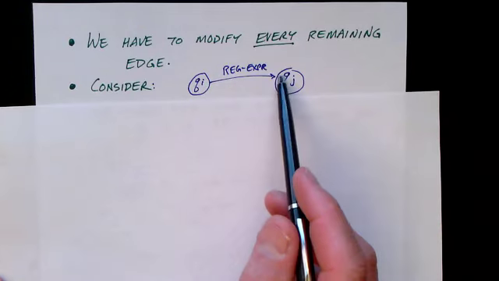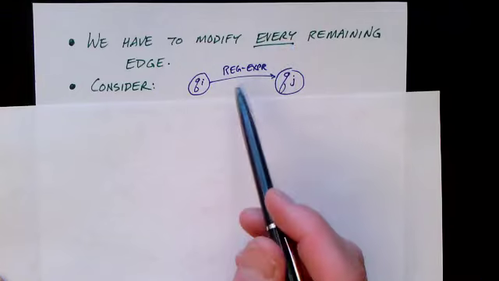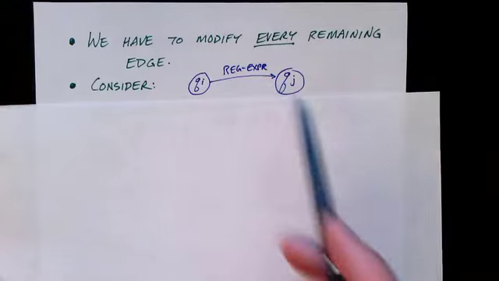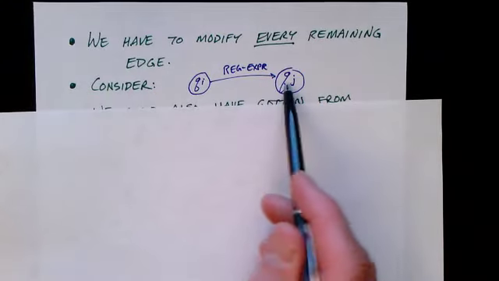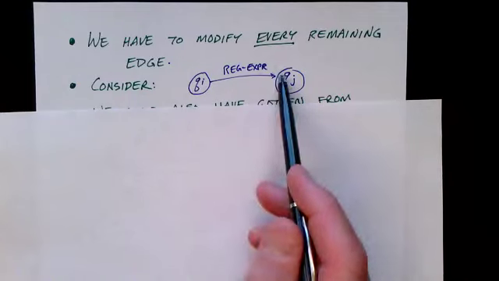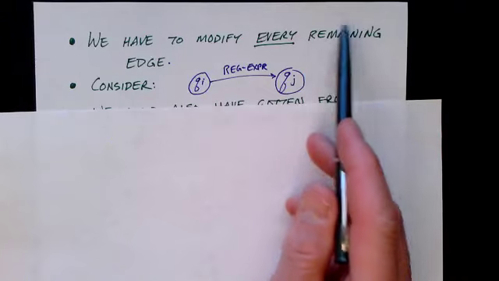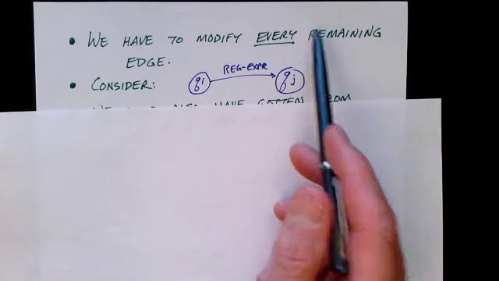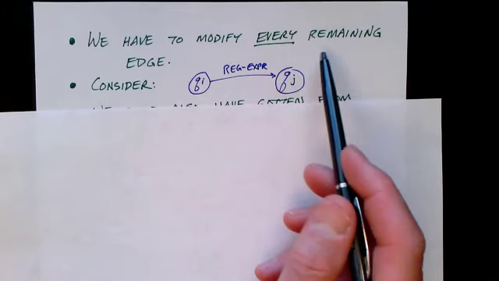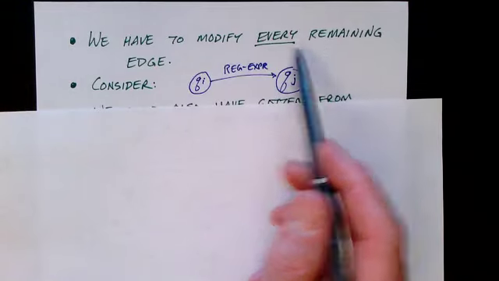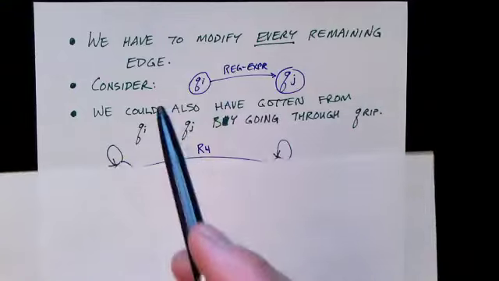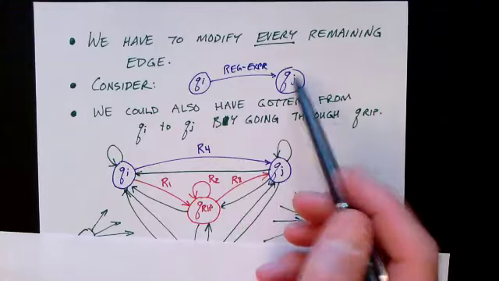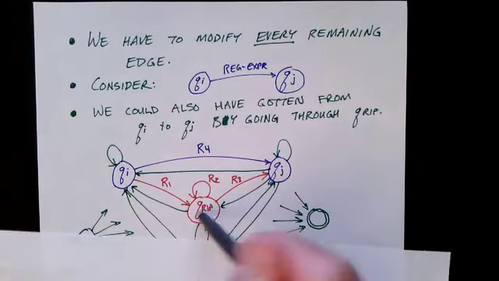So consider 2 arbitrary states, Qi and Qj, and there's an edge that's labeled with a regular expression. Now, we've decided to remove some other state, which I'll call Q rip, subscript rip for ripping it out. So we could have gotten from i to j by going through this other state.